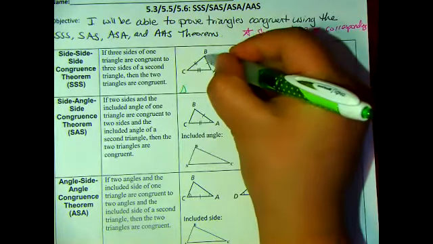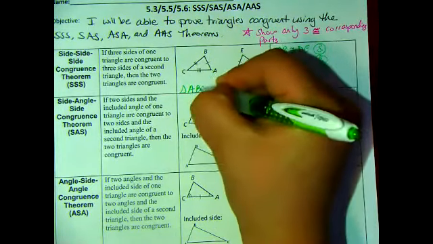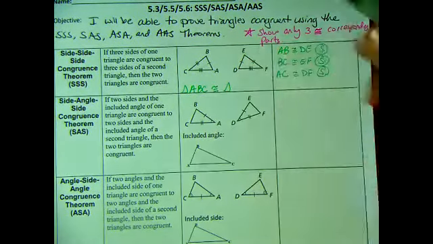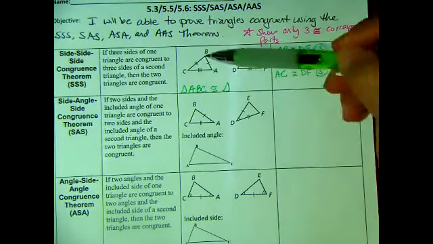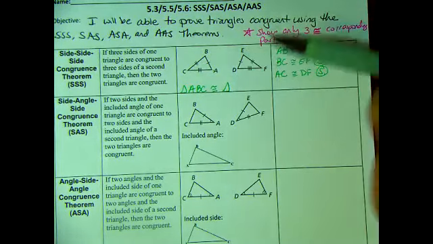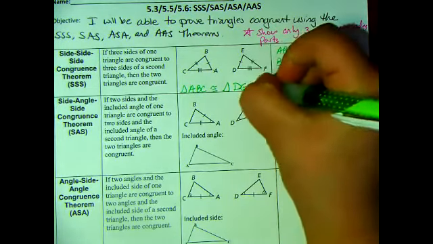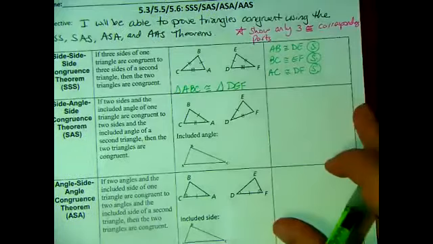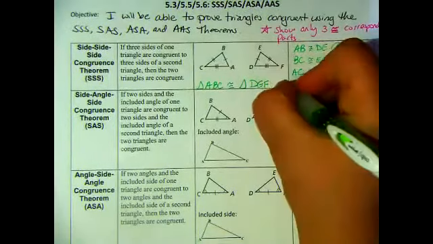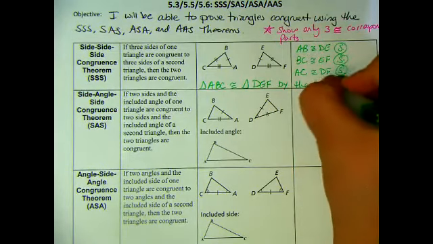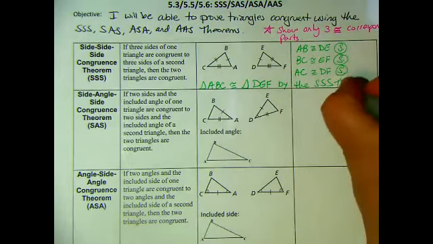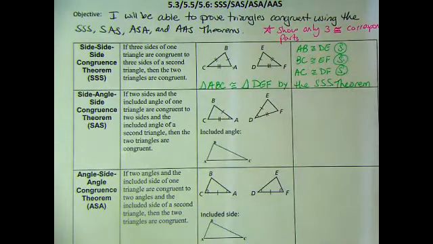Triangle ABC is congruent to triangle, okay, matching my parts, A to D, B to E, C to F. So DEF. Triangle ABC is congruent to triangle DEF by the side, side, side theorem.